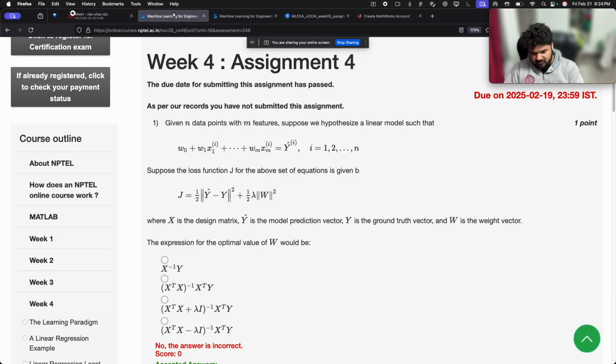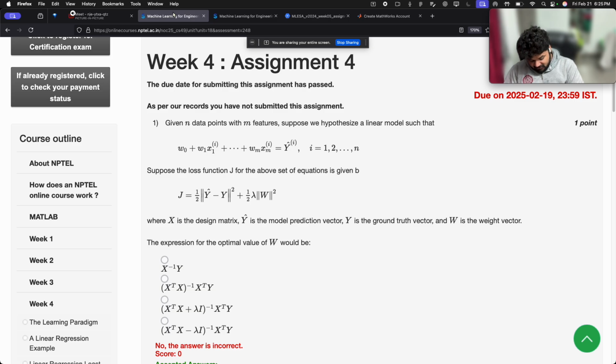Let me write it like that. What I thought is, we have to find the value of W, but the question is, I have to find the optimal value of W. Where does the optimal value exist? On local or global minima.